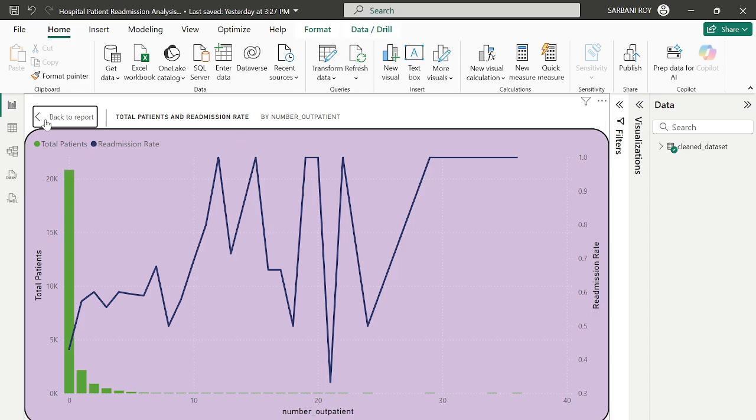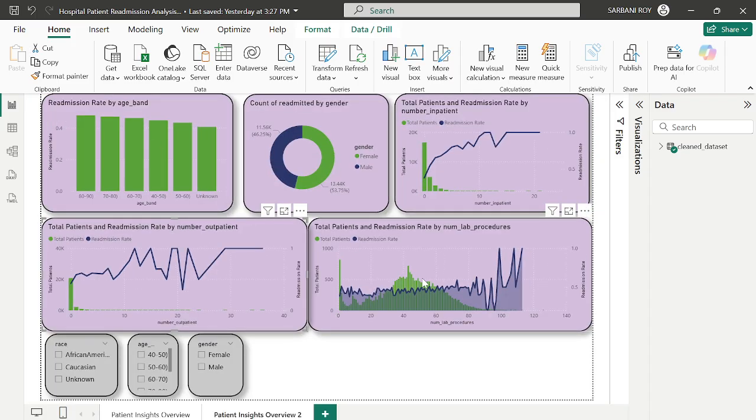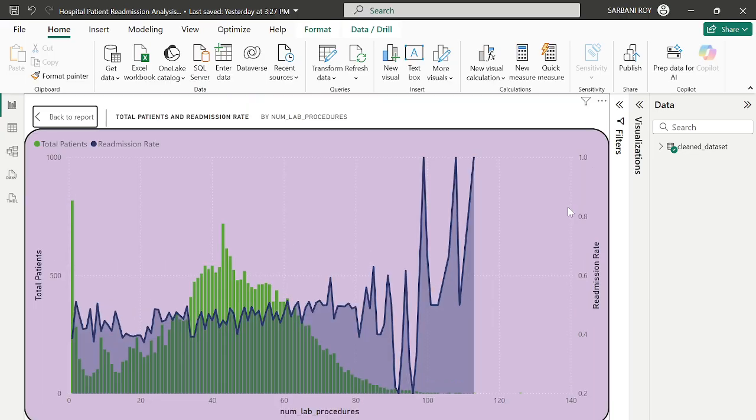Now coming to the next chart, this chart explores the relationship between the number of lab procedures a patient undergoes, the total number of patients who fall in this category, that is the green bar, and the readmission rate for each category in the blue line.